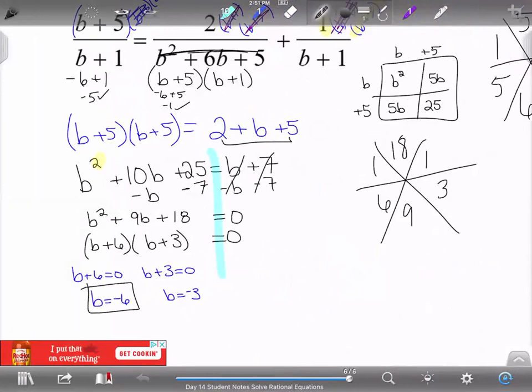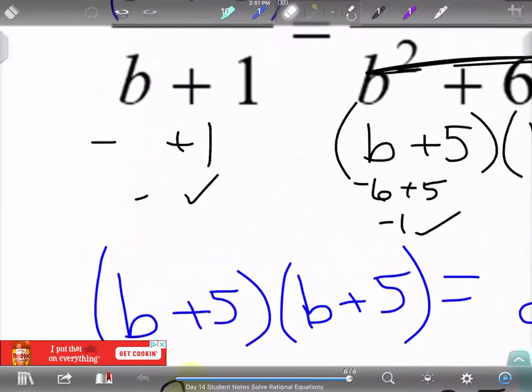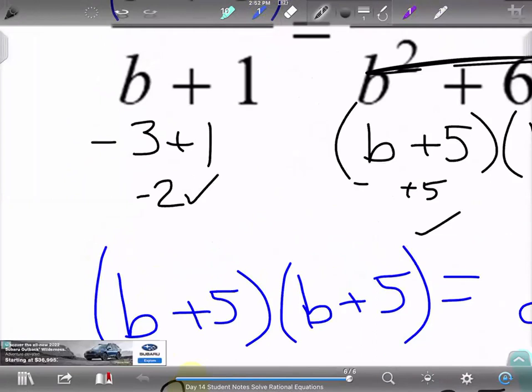Then we're going to go back and repeat the process with -3, because again, we got two answers. We need to check them both. So if I plug in -3 here, -3 plus 1 will give me -2. That's going to work as long as it's not 0. We're not allowed to divide by 0.